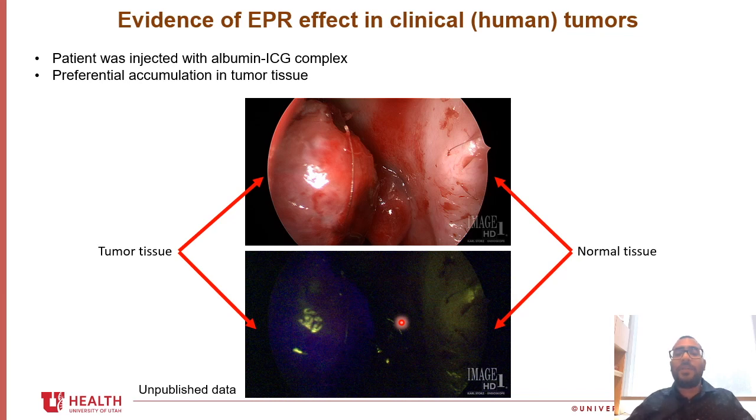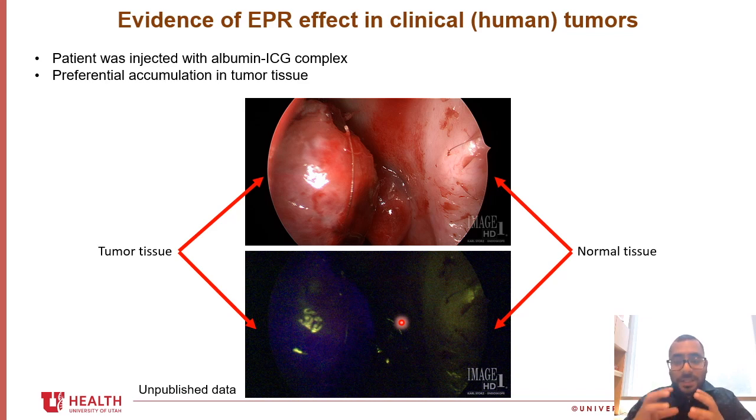And this is evidence of EPR effect. Now, ICG, you'll say, is a small molecule, and I'll talk about this in detail in my next lecture as well, but when ICG is delivered into the blood, it attaches itself to albumin, which is about 5 to 9 nanometers in size, and albumin is the most abundant protein present in human blood.